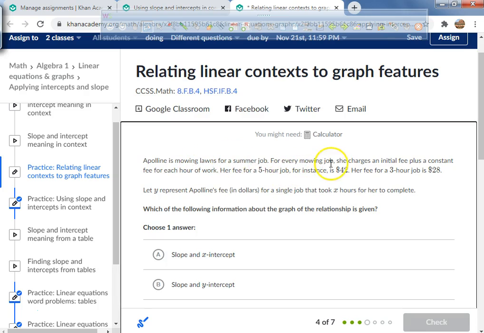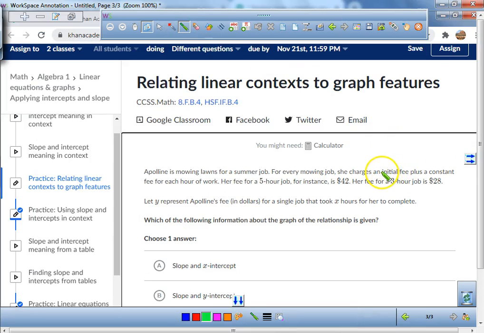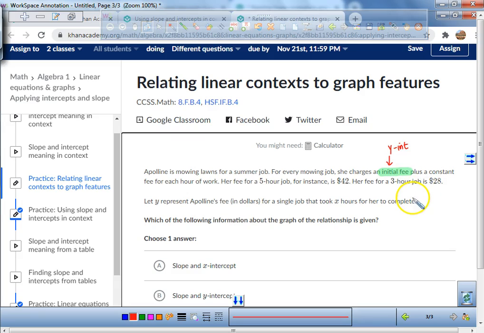For every mowing job, she charges an initial fee plus a constant fee for each hour of work. Now, something I can tell you, anytime somebody says they're going to charge an initial fee, that initial fee is referring to the y-intercept. Okay? That initial fee will always be the y-intercept, plus a constant fee for each hour of work.